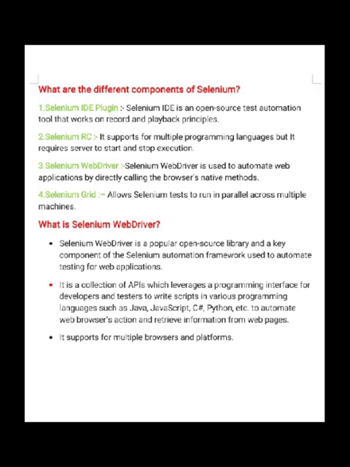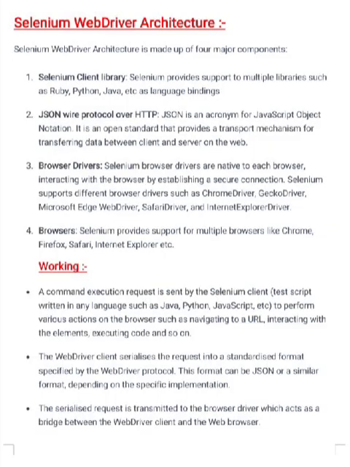So let's start with the Selenium WebDriver architecture. The first component is the Selenium Client Library. The Selenium Client Library supports multiple programming languages like Ruby, Python, Java, and we have the JSON Wire Protocol. The JSON Wire Protocol is used to transfer information between client and server over the web.